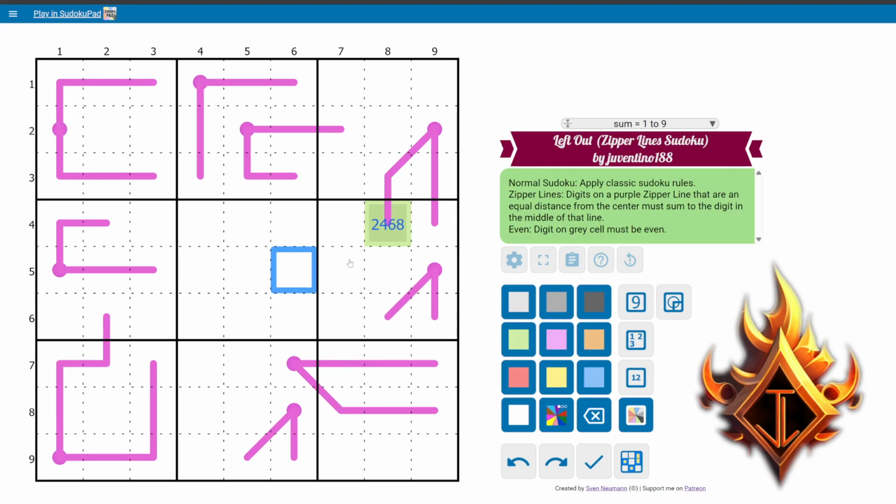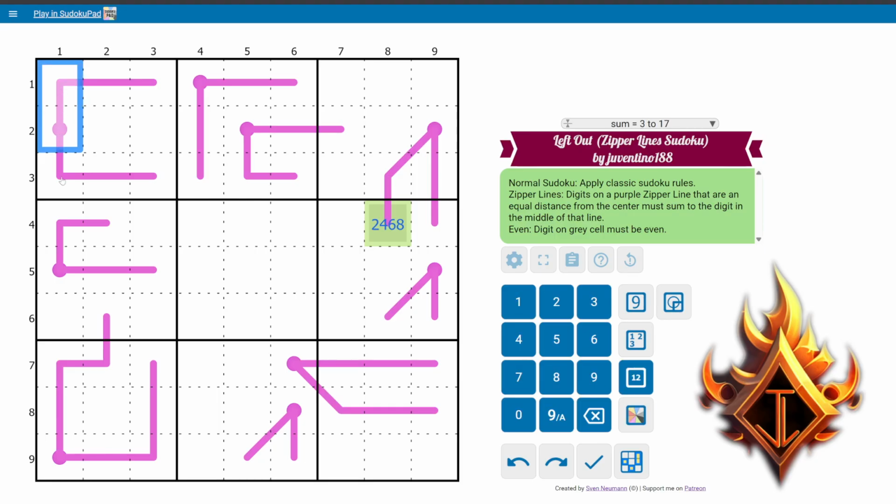Okay, what do we have to go on here? Whatever the cell is, it's going to be times 1, times 2, times 3, times 4 in this cage, for example.